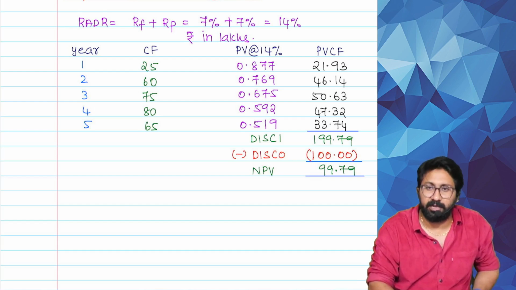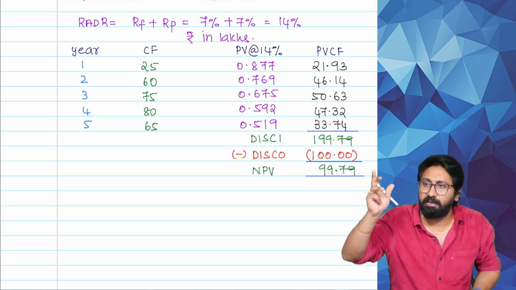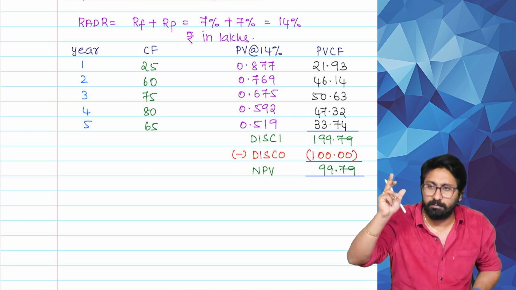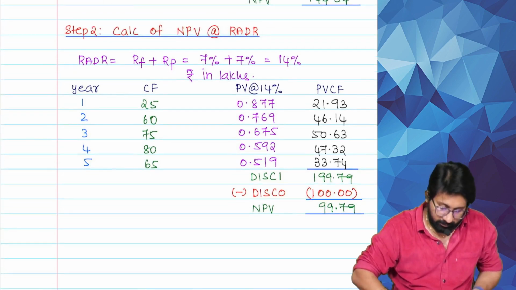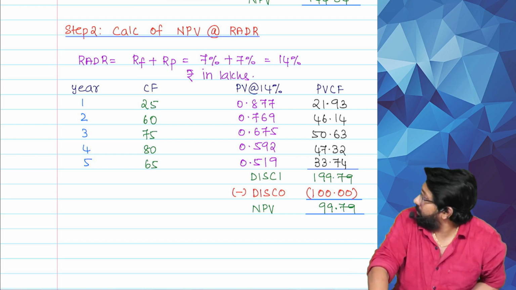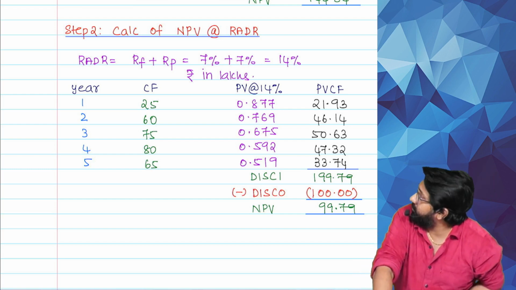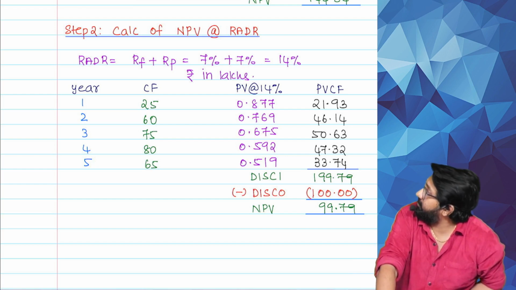After that, you also get a clarity as to how to do. How many of you are still writing? Please complete fast. So NPV is 99.79. First one is the NPV under normal situations. Second one is the NPV if you adjust the risk.